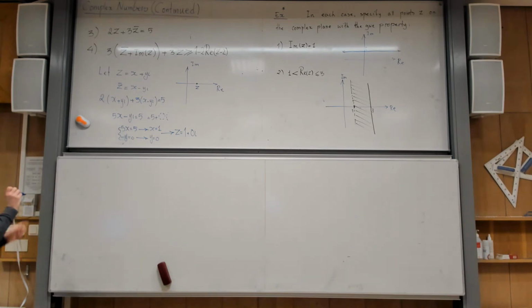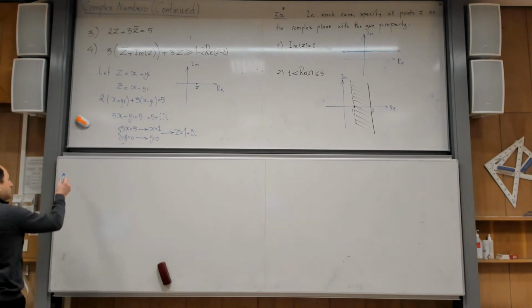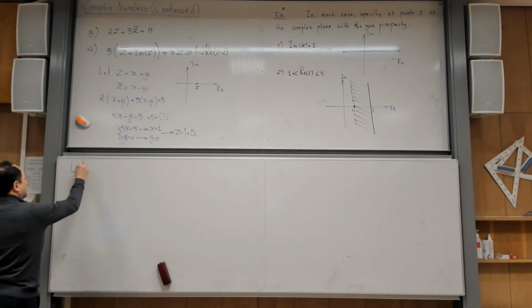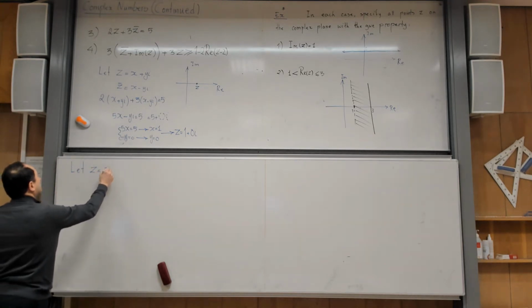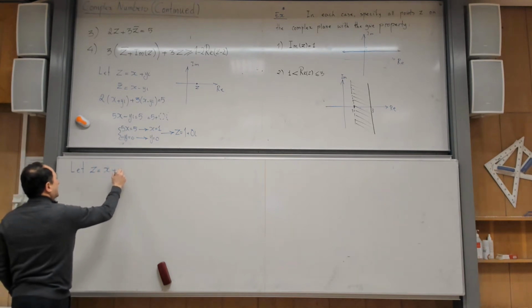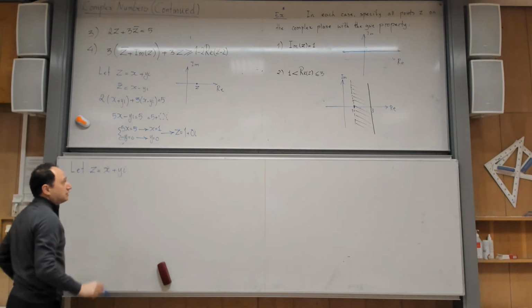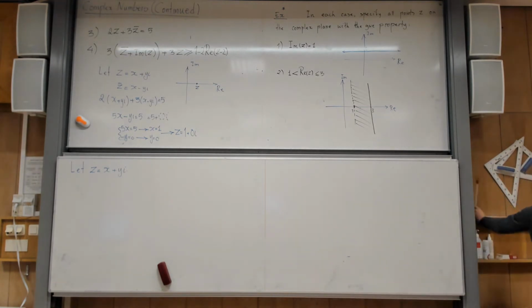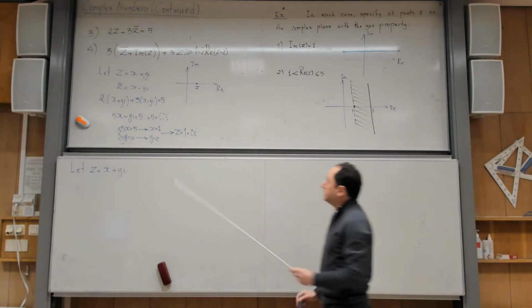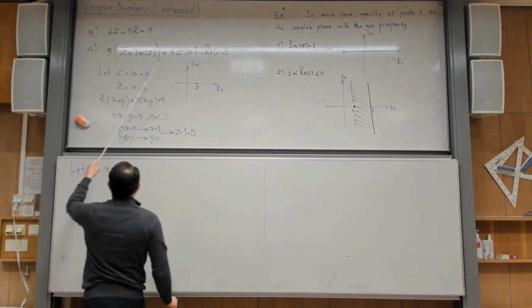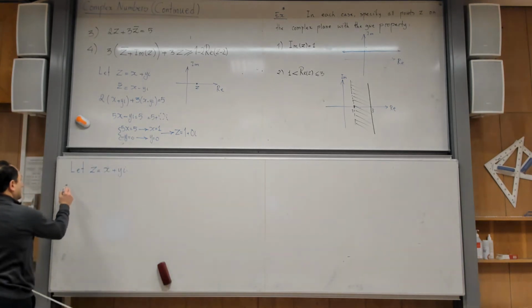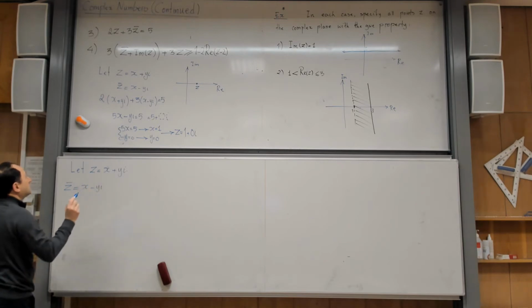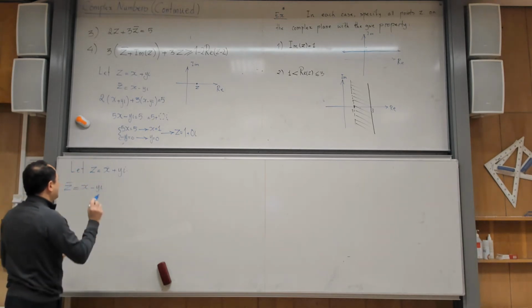For example, if you want to solve this in the exam, you would say let z be equal to x plus yi. Then I have to calculate some parts, yes? So here, what I need for this inequality, I need z bar, okay, so I do it. So z bar is x minus yi. I need the imaginary part of z.